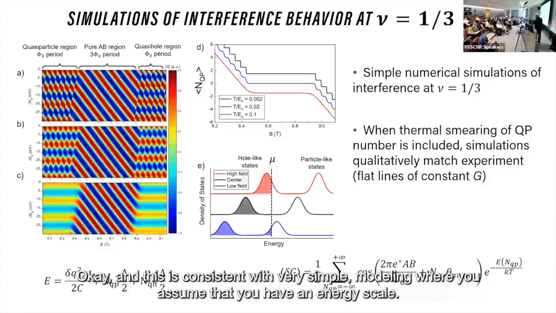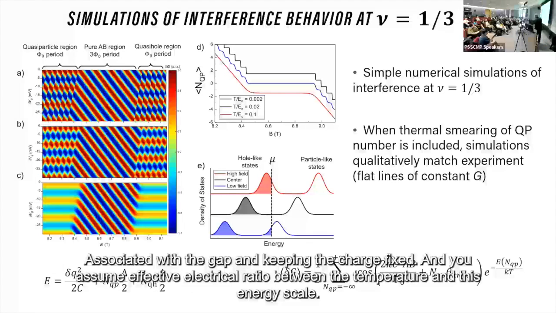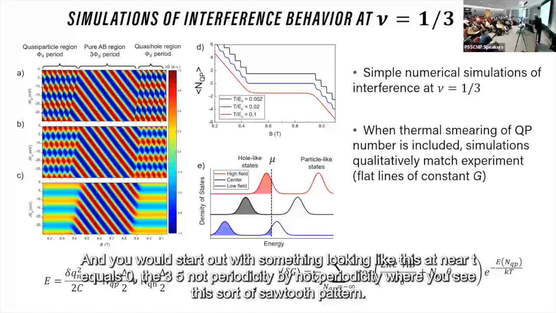Okay, and this is consistent with very simple modeling where you assume that you have an energy scale associated with the gap, keeping the charge fixed, and you assume a ratio between the temperature and this energy scale. You would start out with something looking like this at T near T equals 0, the 3 phi naught periodicity, where you see this sort of sawtooth pattern.